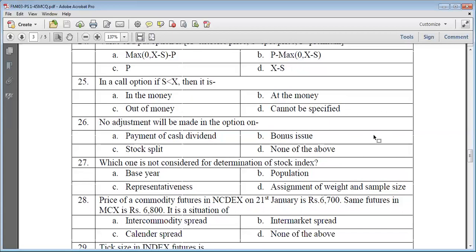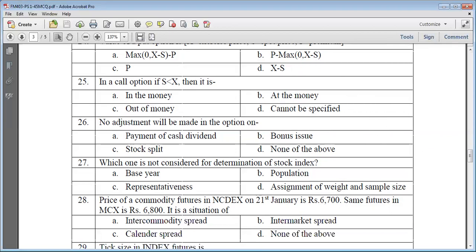Stock exchange will consider only some selected representative stock. So representativeness is a must in a stock index, and assignment of weights and sample size is also a must for formation of the index. So population, B, is the correct option in question 27.